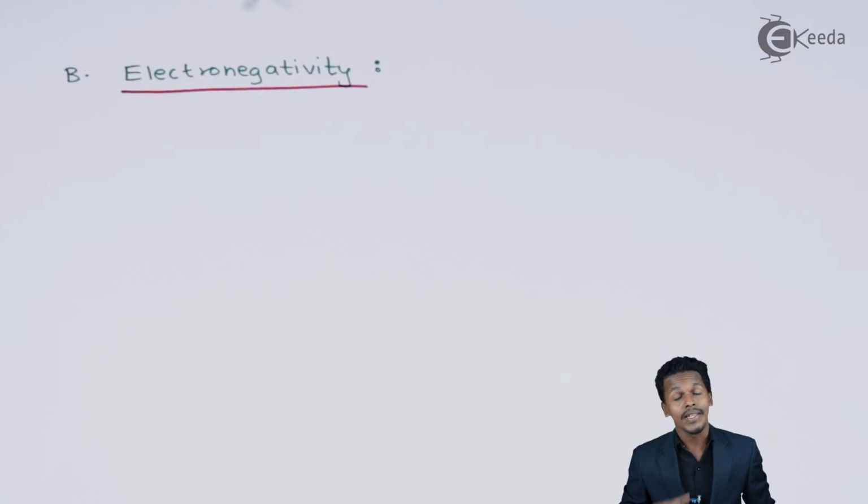The next property where we can observe variation is electronegativity. Electronegativity is the tendency of an atom to attract the shared pair of electrons toward itself. In the previous property, atomic size, we saw that carbon has a smaller size, while the last element of group 14, lead, has a bigger atomic size.